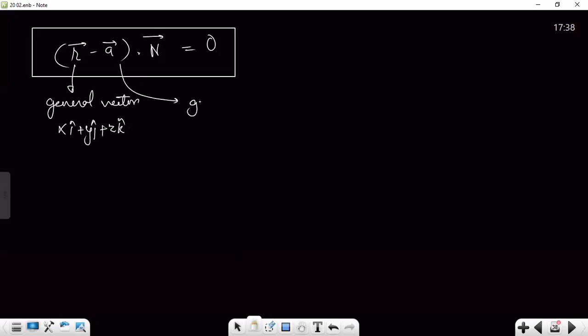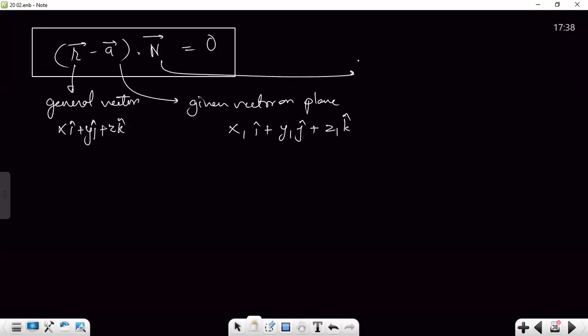A is the given vector on the plane having coordinates x1 i cap plus y1 j cap plus z1 k cap, and n is the normal vector to the plane.